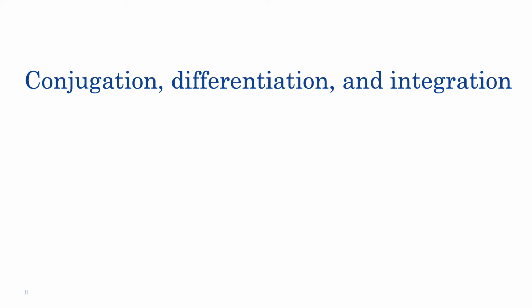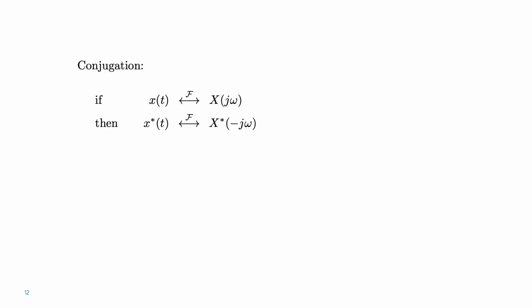Let's now move on and see other interesting properties of the Fourier transform, namely conjugation, differentiation, and integration. Let's start with conjugation. So imagine you have a signal x of t with Fourier transform x of j omega.